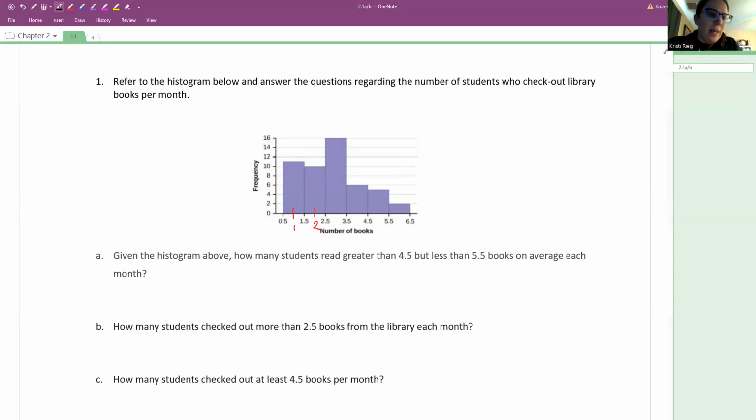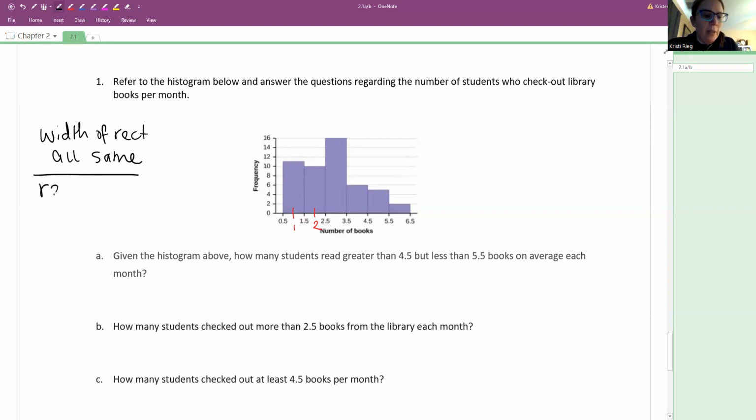So let's just make some notes on what histograms need to have. The width of the rectangles or the bars is all the same. That goes back to our frequency table where the bin width needs to be the same.